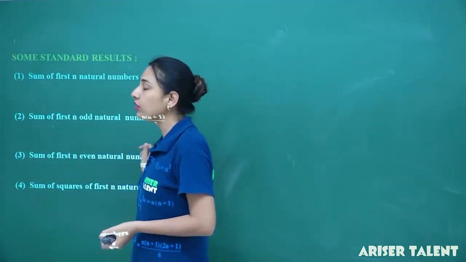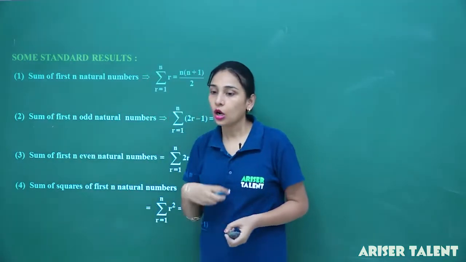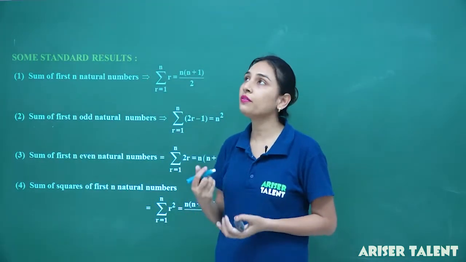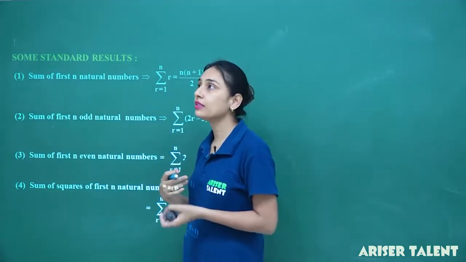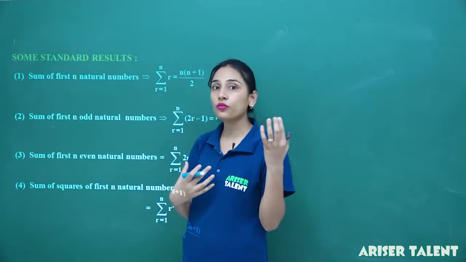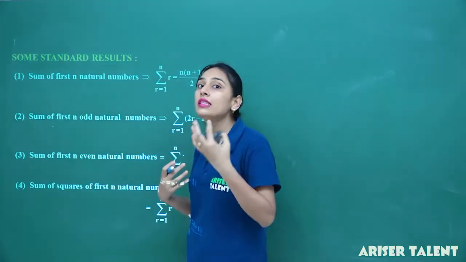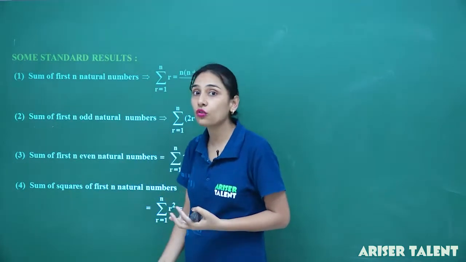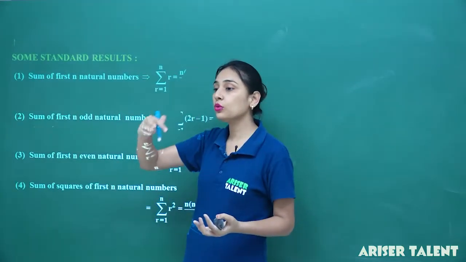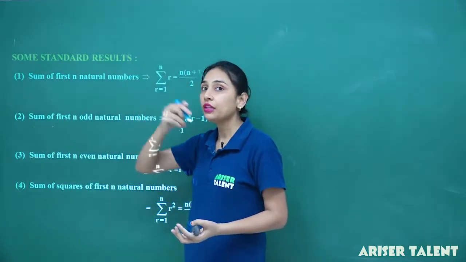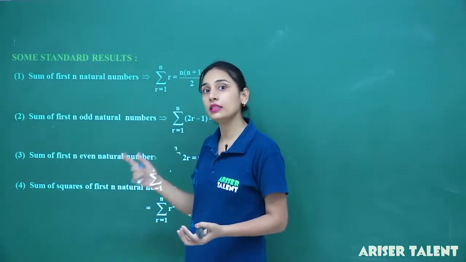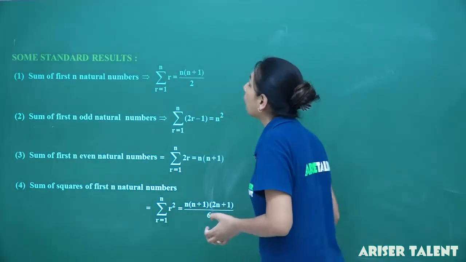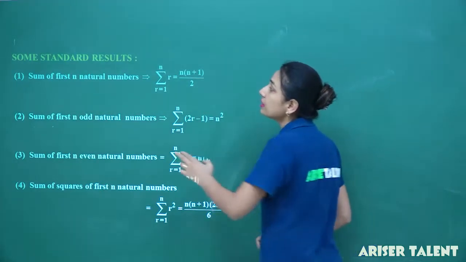Sometimes in your objective type questions in competitive exams, you are asked to find the sum of the squares of the first natural numbers: 1 square, 2 square, 3 square, 4 square, 5 square. You don't have to calculate it; you can use these formulas in these types of questions. Now what are these standard results?